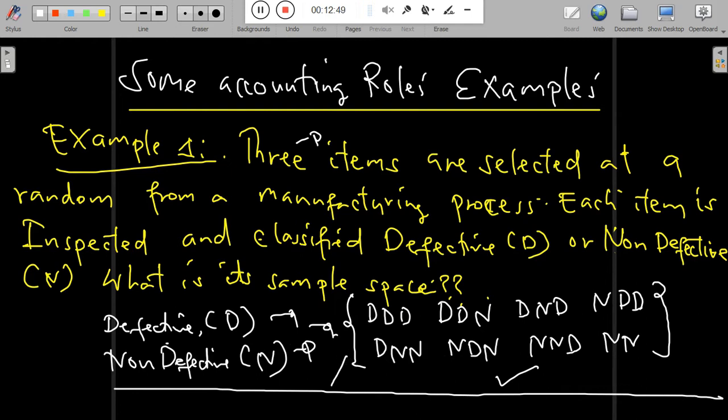So this would be our actual sample space. The total sample space selected randomly from a manufacturing process includes DDD, DDN, DND, NDD, DNN, NDN, NND, and NNN.